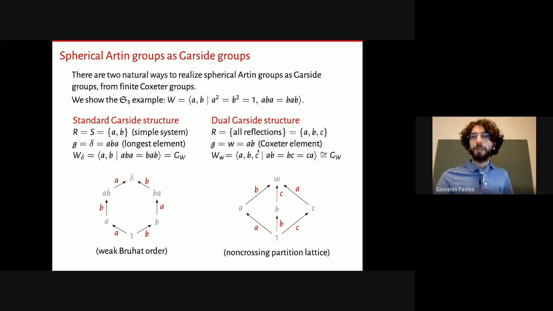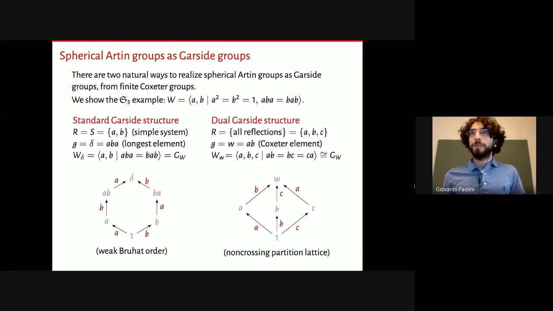Coxeter elements in this case are the two rotations. So for example, we can choose A times B. And this is the interval that you get. So it looks fairly different from the interval on the left. And in fact, the combinatorics of the two intervals are fairly different. They also have names. And the name of the interval on the right is non-crossing partition poset.